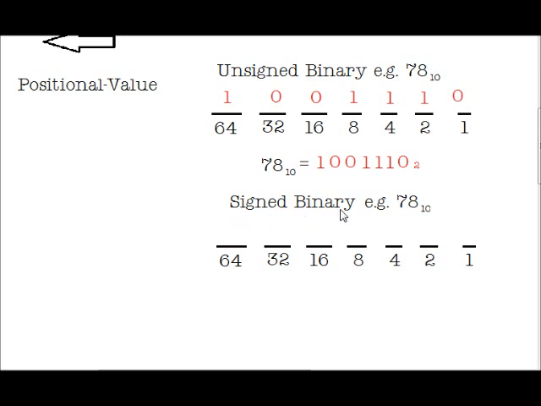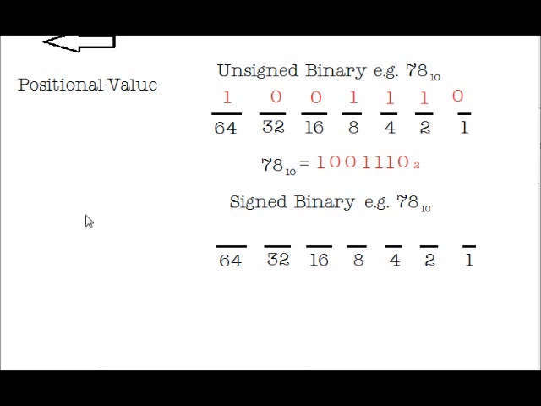So to convert the plus 78 base 10 to a signed binary, we first put the positional values just like what we did for the unsigned binary, but we need to add in a sign bit.